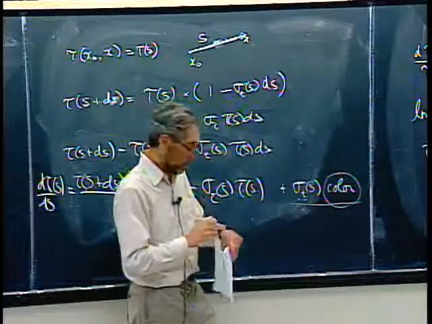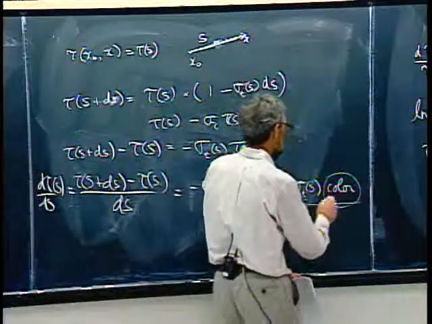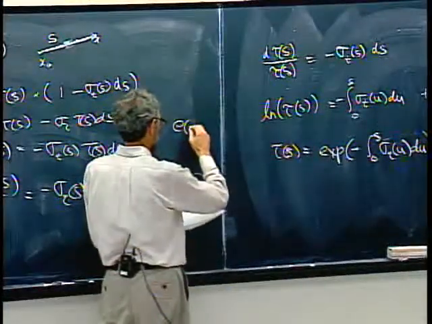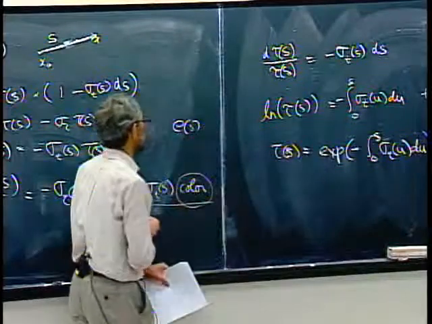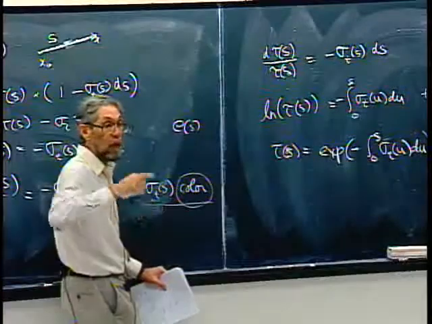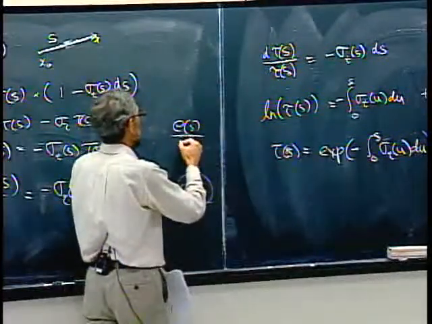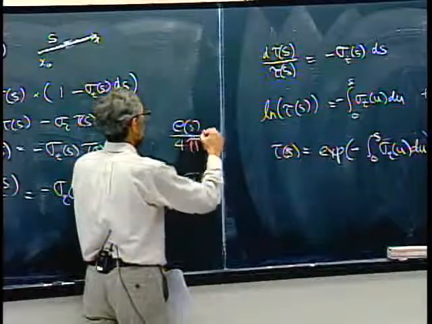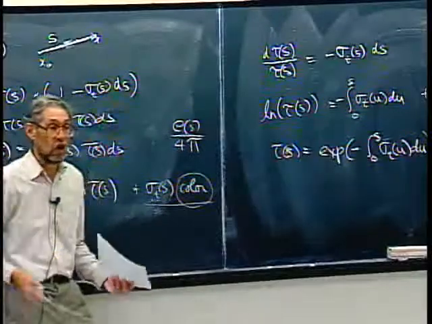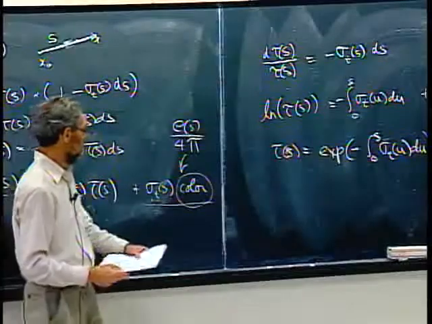And the volume emission at this position is radiating out equally in all directions over the whole 4 pi sphere. So the amount that's coming into the ray in any given direction is 1 over 4 pi times that total radiation in all directions. And that's what you add into here. And that affects the differential equation.